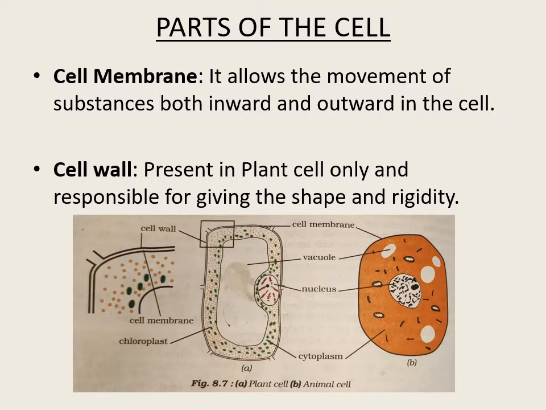Because of what? Because of the absence of the cell wall. But you can't stretch the trunk of a plant, because of the outer layer of the cell wall, and it gives rigidity and structure to the plant.